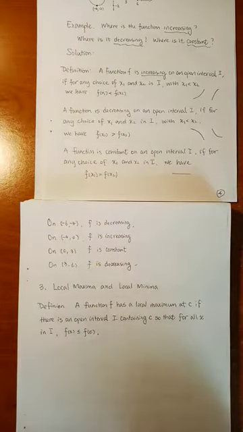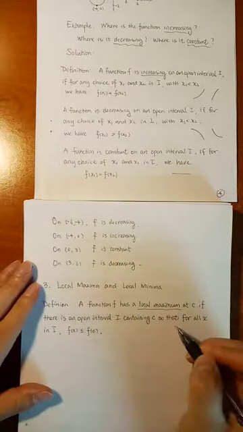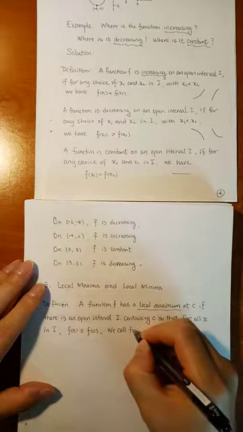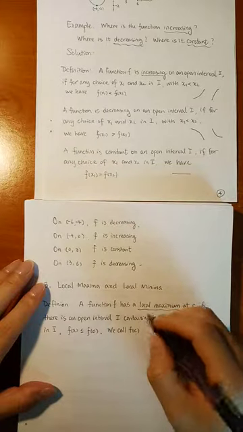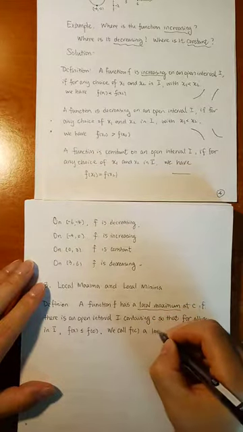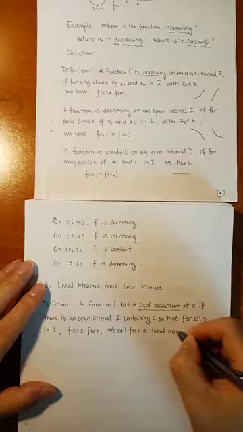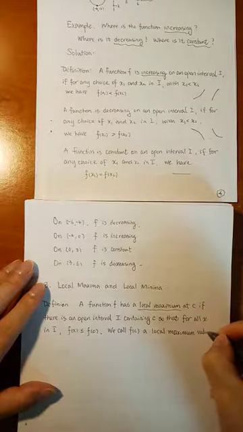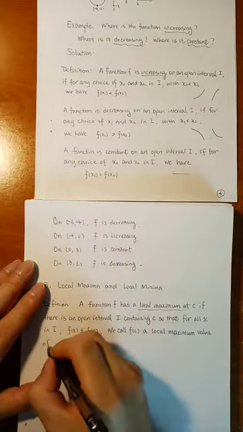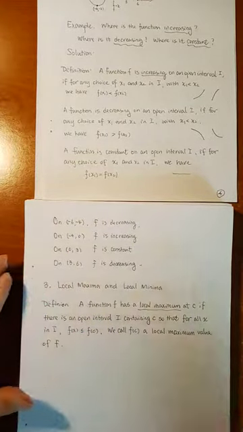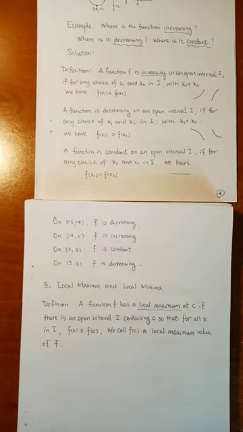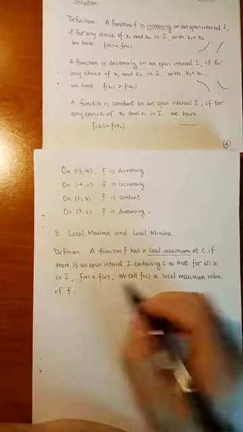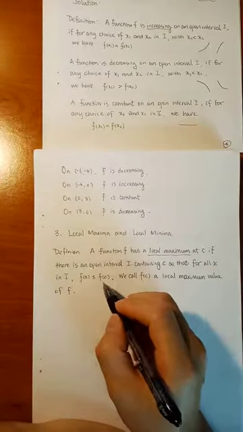Then we say the function has a local maximum at c, and the corresponding value f(c) we call a local maximum value of f. Local maximum is a property. Local maximum value is a number, and this is the largest value.